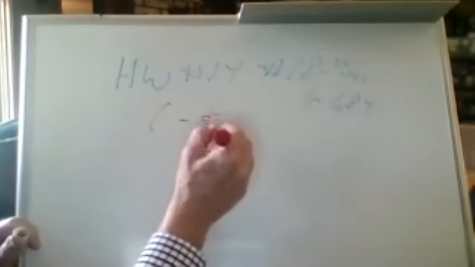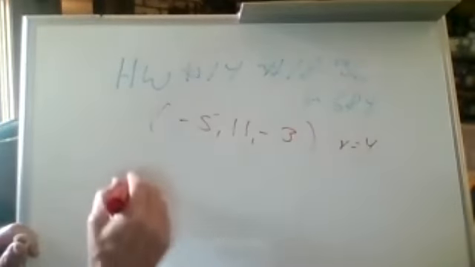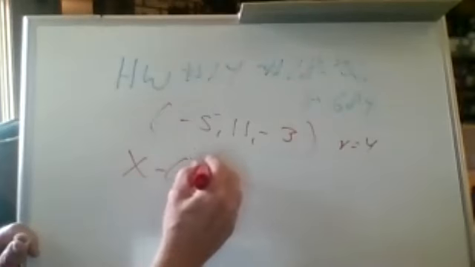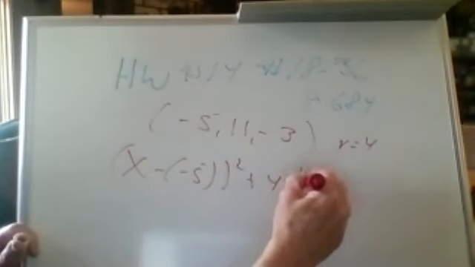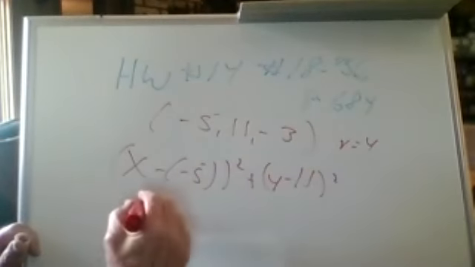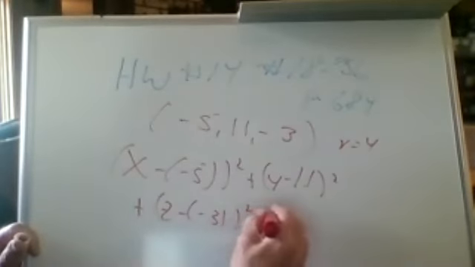All right, 36, just the opposite. Write the equation of the sphere using the given information. They gave us a center of (-5, 11, -3) and the radius is 4, so this becomes x minus -5 squared plus y minus 11 squared plus z minus -3 squared equals 4 squared.